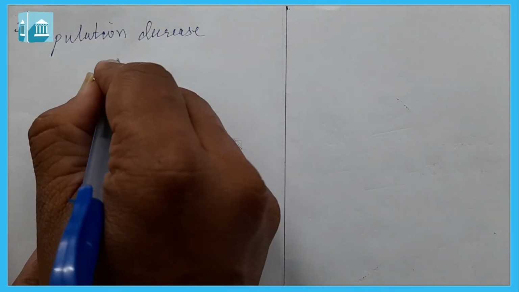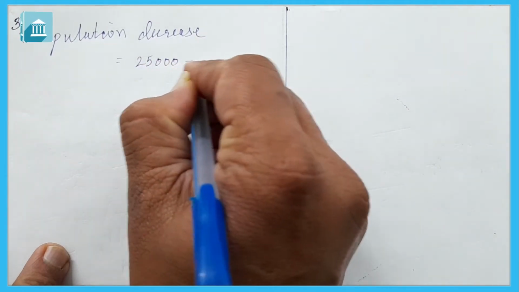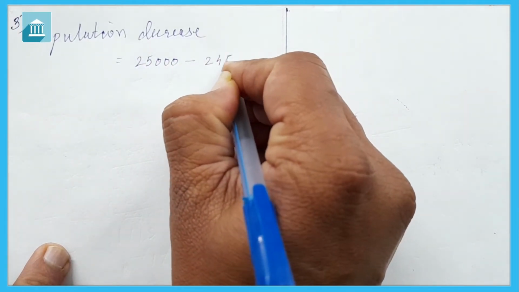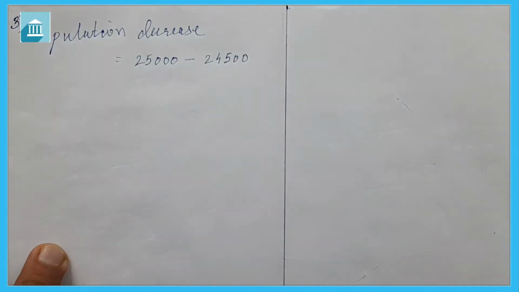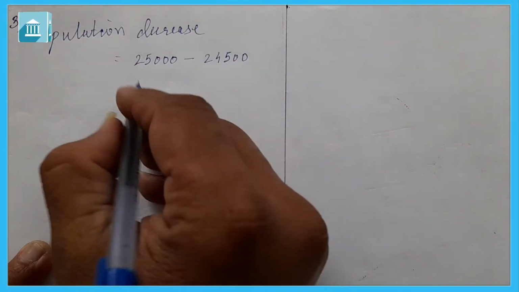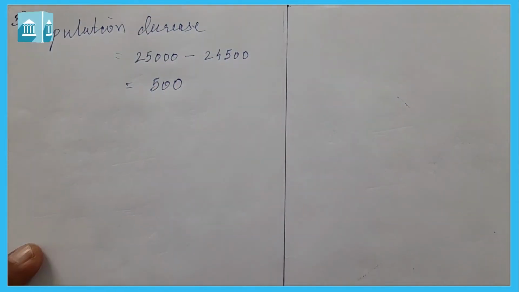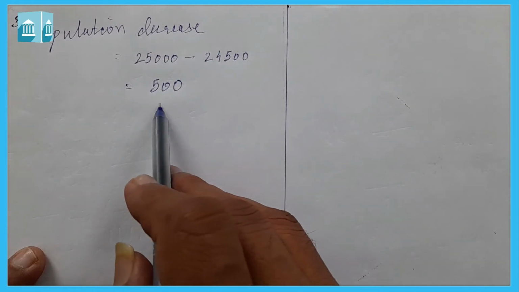Population decrease is equal to 25,000 minus 24,500, which is equal to 500. So population decrease is 500.